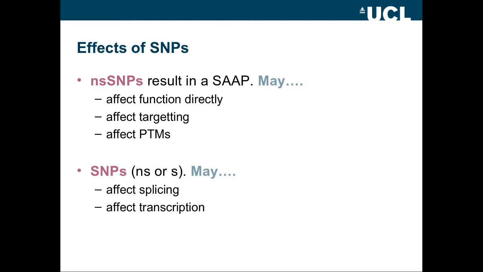Now, using this looser definition of a SNP and, by analogy, a SAP to mean simply a mutation, such things may affect function, either directly or by affecting targeting, in other words, where a gene product ends up going in the cell, and may affect things like post-translational modifications. Any type of SNP, whether non-synonymous or synonymous, may also affect splicing and affect things like transcription.